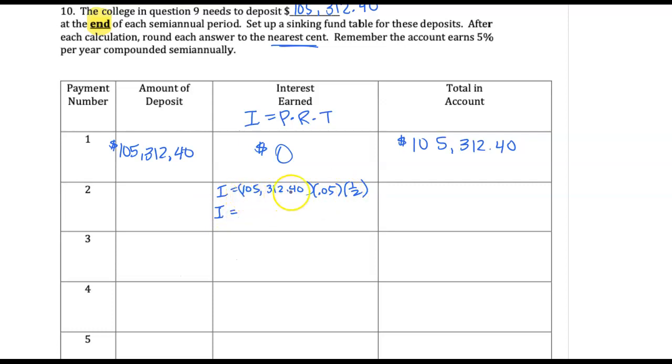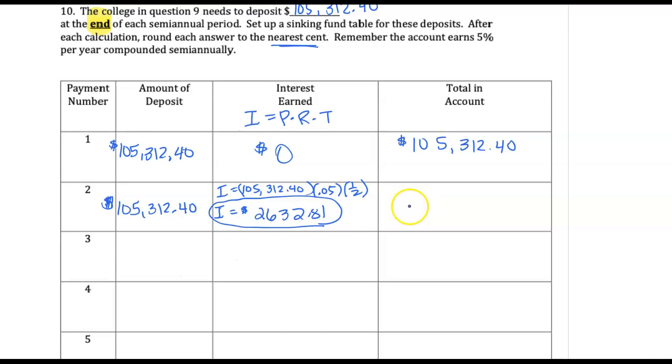Calculating our principal times our rate times our time, I get an interest of $2,632.81. Then I'm going to make the deposit of $105,312.40, and then calculate how much is in the account.